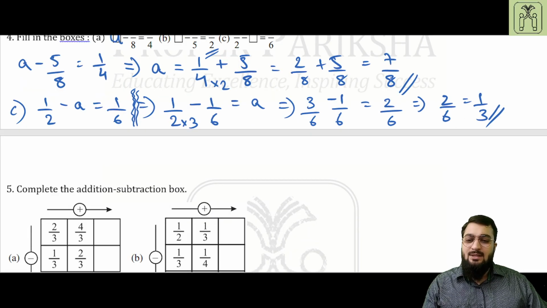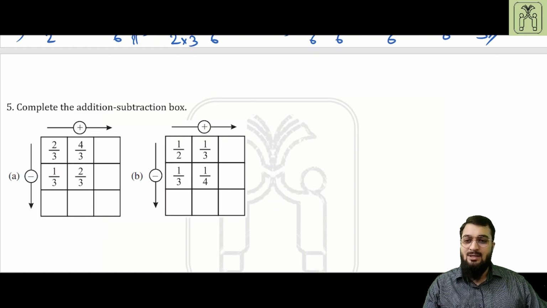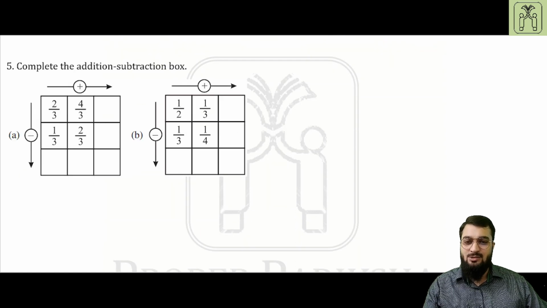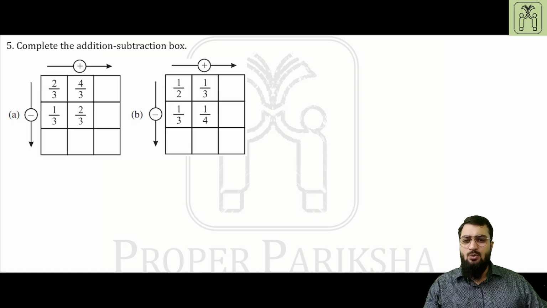Another question, the question number 5, we see that we have been given a certain figure and it has certain tasks, operations mentioned with respect to the row and with respect to the column. The row has successively minus and the column has plus. So we have to do the complete addition and subtraction as per the operation.